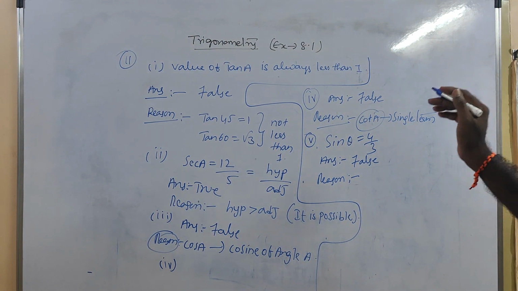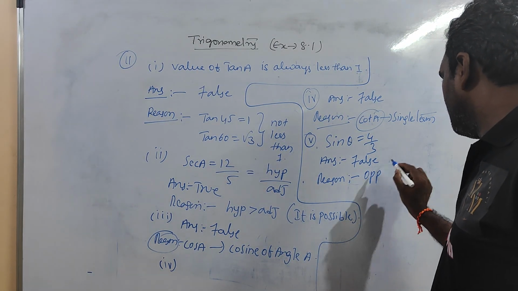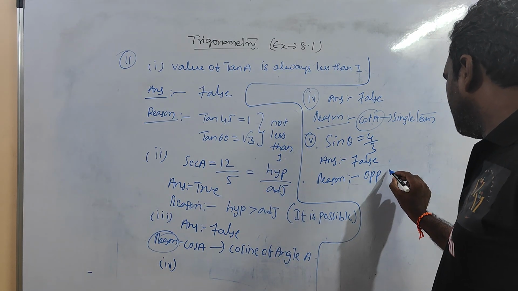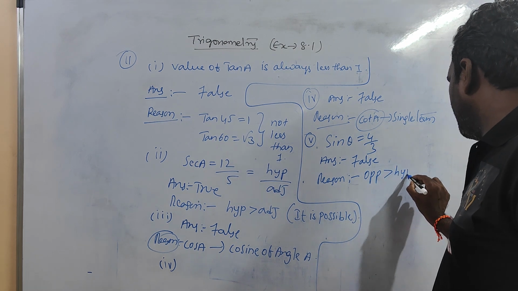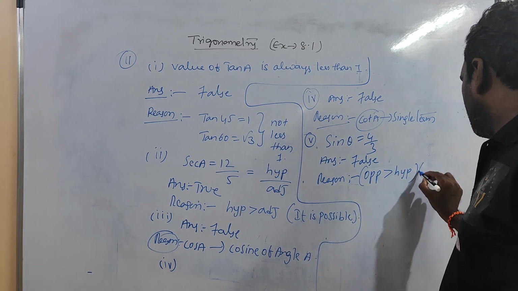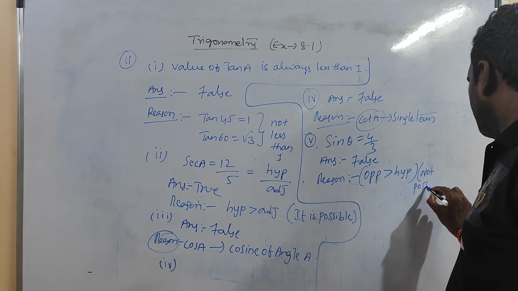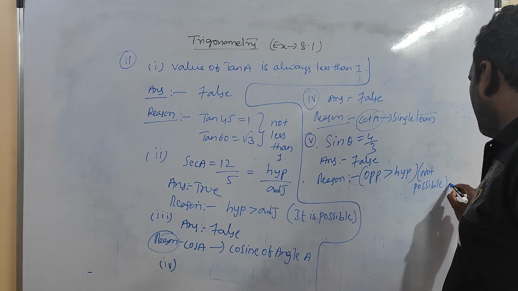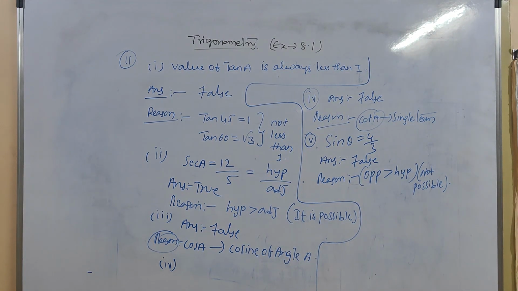Definition for sine is opposite by hypotenuse. Opposite is greater than hypotenuse. Not possible. Opposite side is greater than hypotenuse, which is not possible.